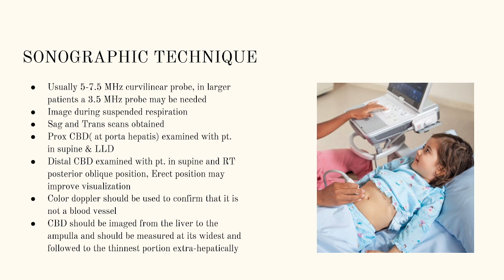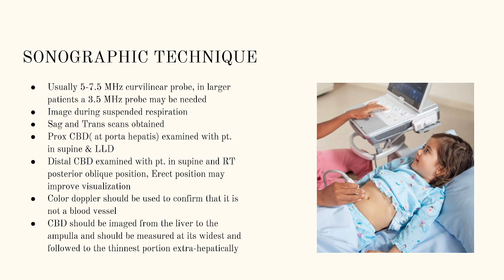The proximal CBD is imaged at the porta hepatis, and it is examined with the patient in supine and in the left lateral decubitus position. The distal CBD is examined with the patient in supine and in the right posterior oblique position. The erect position may also improve visualization for the distal CBD.